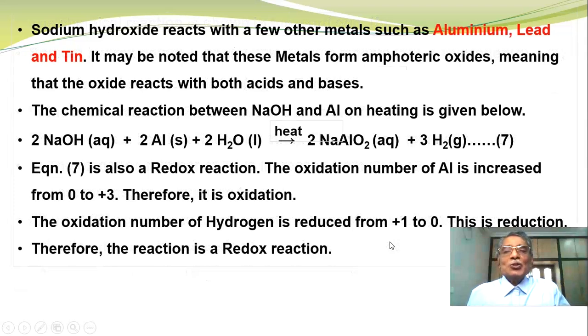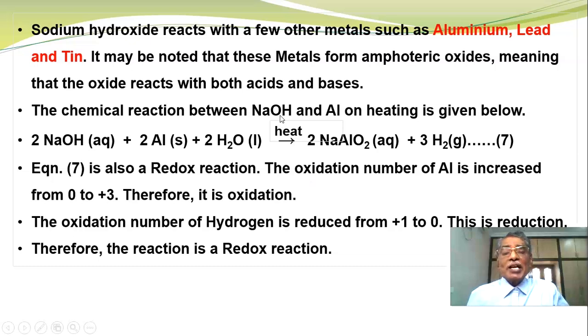Now, sodium hydroxide reacts with a few other metals such as aluminium, lead and tin. It may be noted that these metals form amphoteric oxides, meaning that the oxide reacts with both acids and bases.